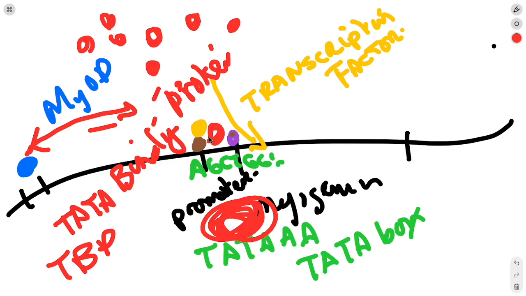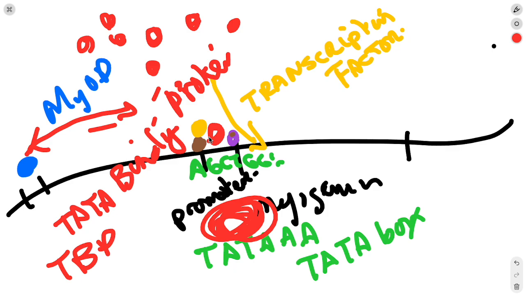Yep? Did you say that the TATA box is in a promoter? Yes. So there are promoters, and the promoters are just made of DNA sequence, right? And a bunch of promoters have a TATA sequence in them, like GGCAT and then TATAAA, like that.